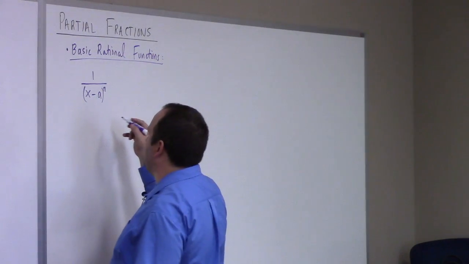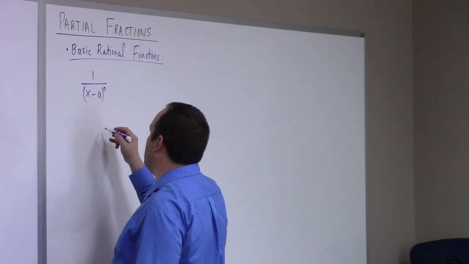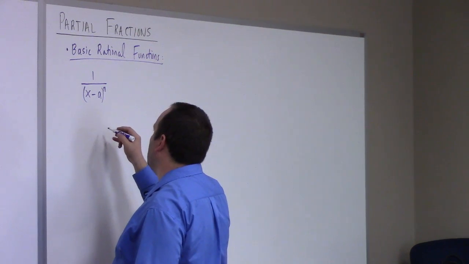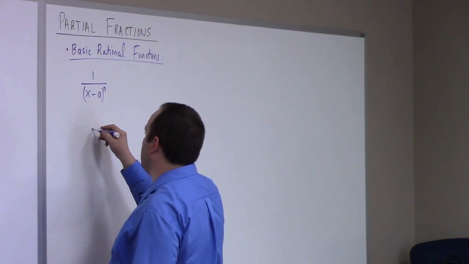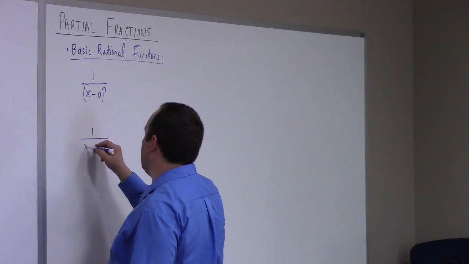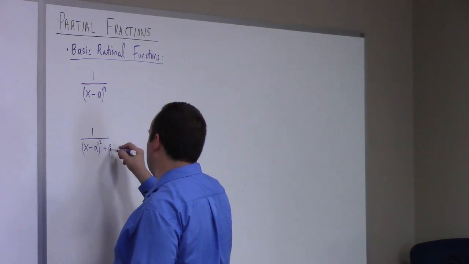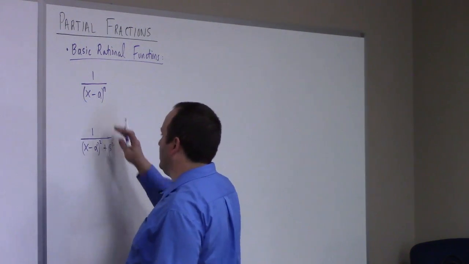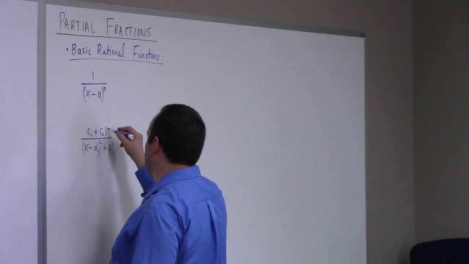The other kind of basic rational function is something like 1 over (x minus alpha) squared plus beta squared. But it could be that, or it could be like c1 plus c2 times (x minus alpha).